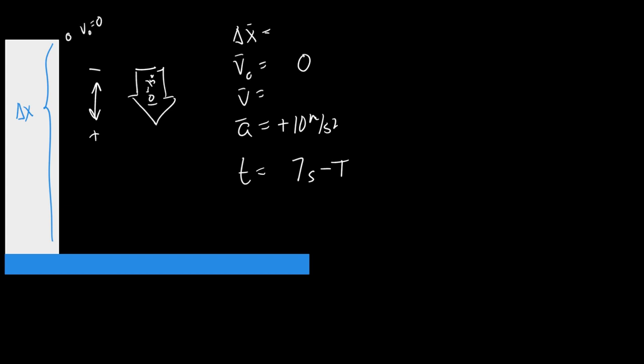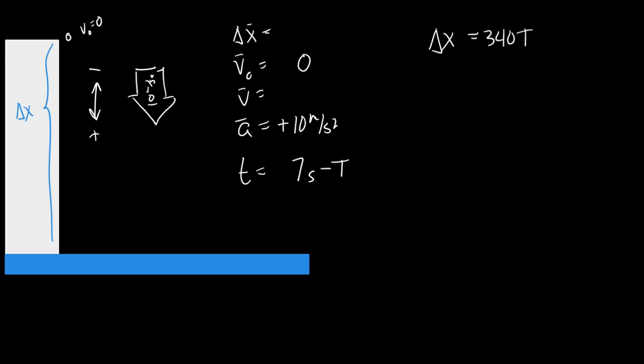But we do know that the speed of sound travels at 340 meters per second. So we know that whatever the height of the bridge is, the sound is going to have to take t amount of seconds to go from the water line back to the top. Now, there's no acceleration here because sound travels at a constant speed through the air.